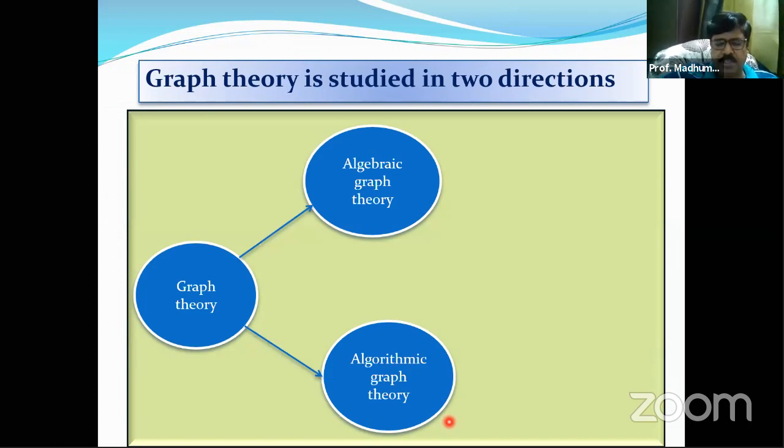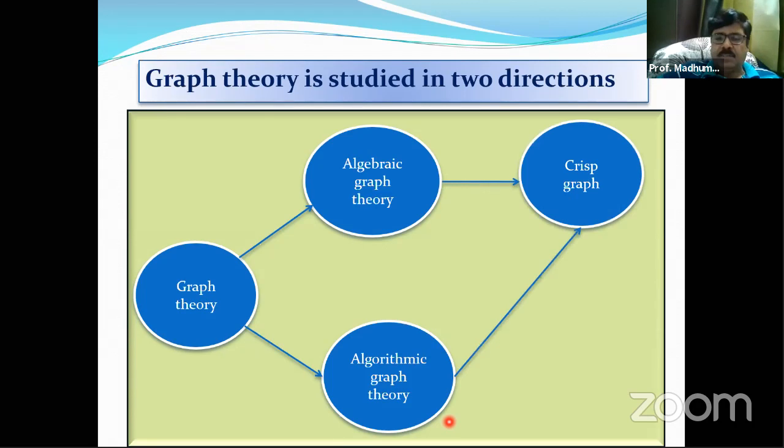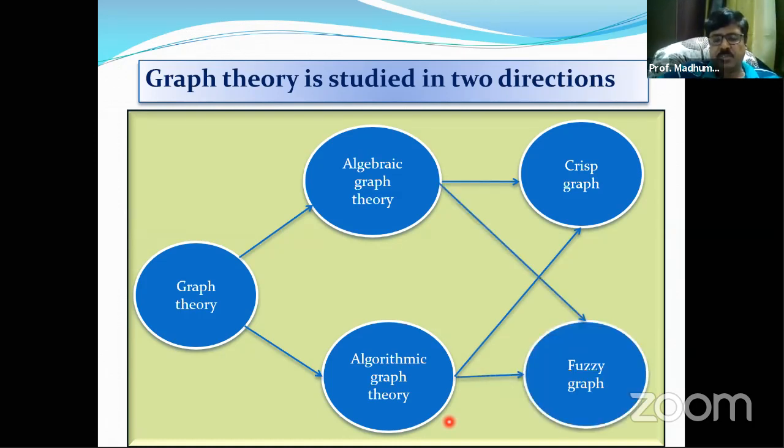My PhD was actually on algorithmic graph theory. Another thing is that both algorithmic and algebraic graph theory are studied for the crisp graph, that is, our conventional graph theory, as well as for fuzzy graph theory. A lot of papers are published on fuzzy graph theory. The basic definitions and applications are available in the algebraic sense.